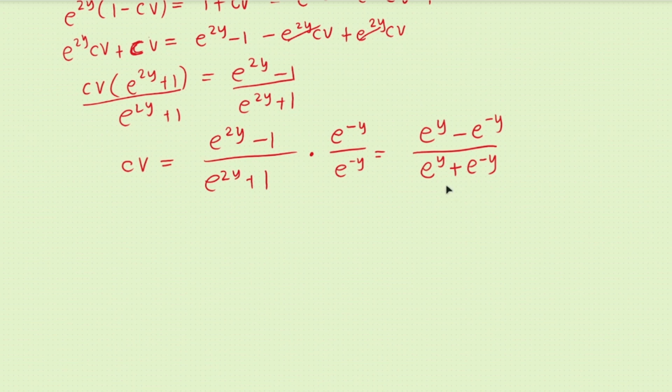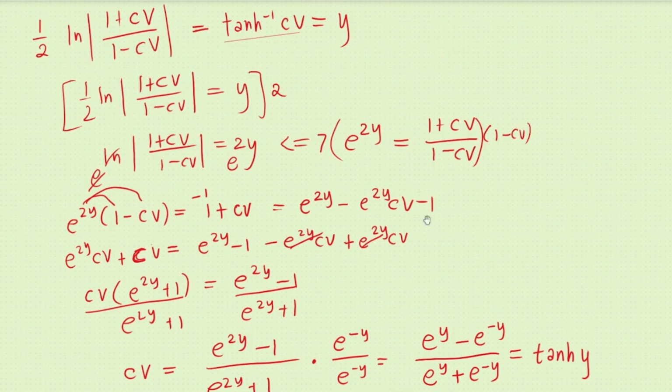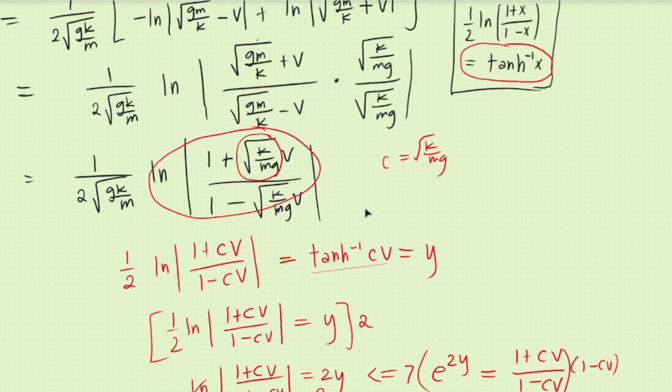So as you can see, this can be expressed as the hyperbolic tangent of y, right? And you remember what the value of y is? We let y be the inverse hyperbolic tangent of cv.